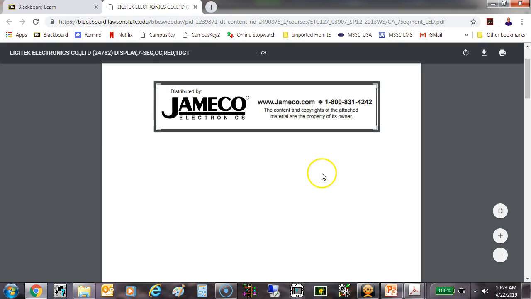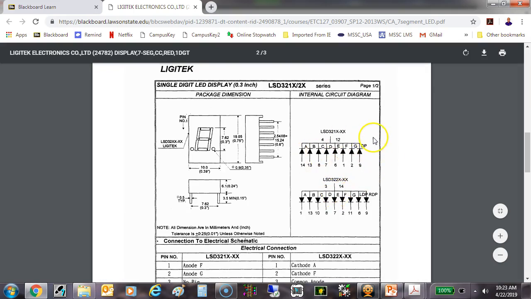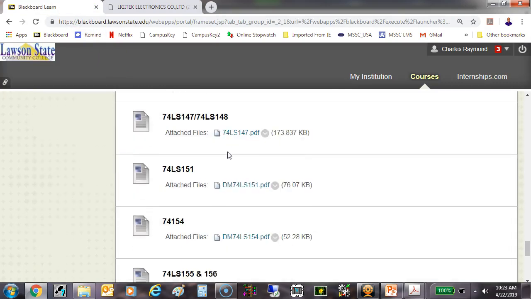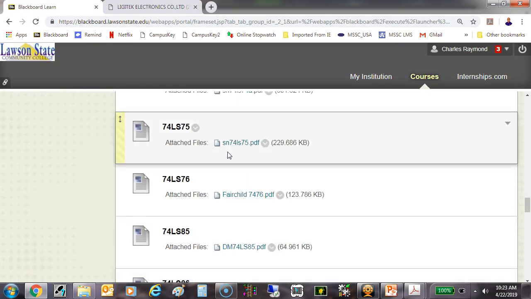It's a common anode driver. So there's common anode right here. This is the one we have right there. And here's the 7447, which is a 7-segment decoder driver, right?